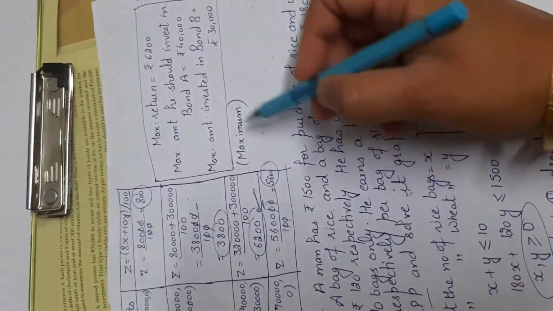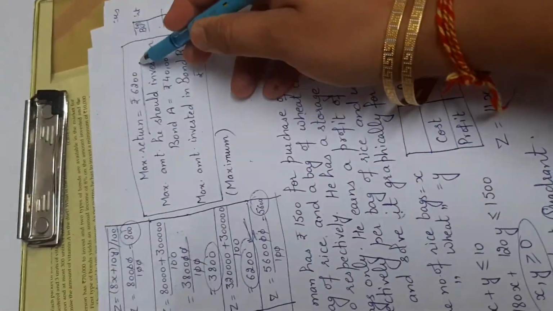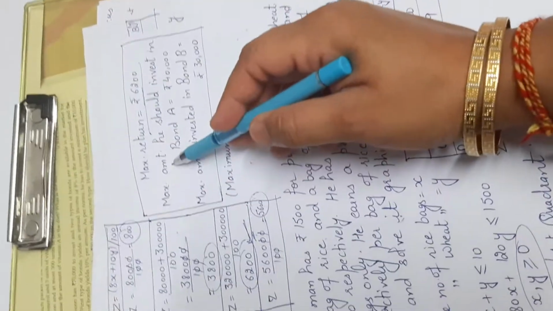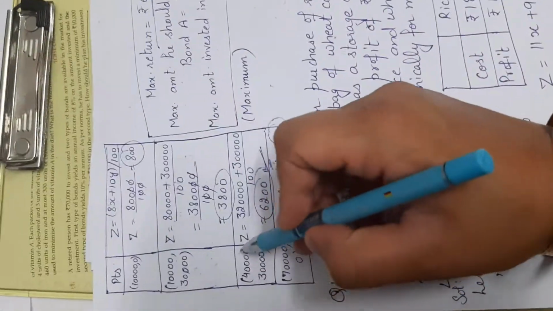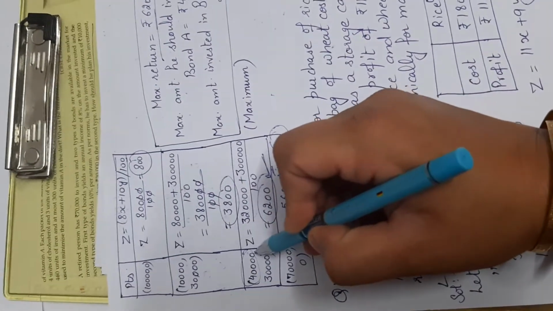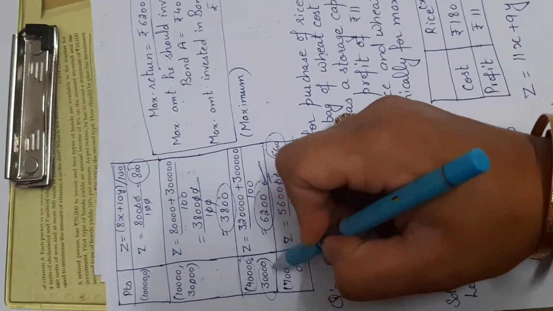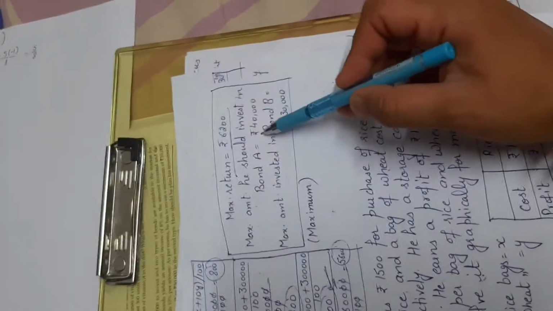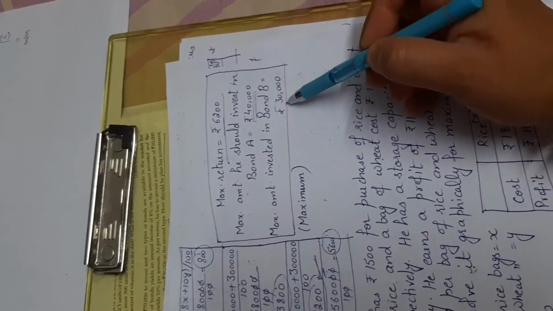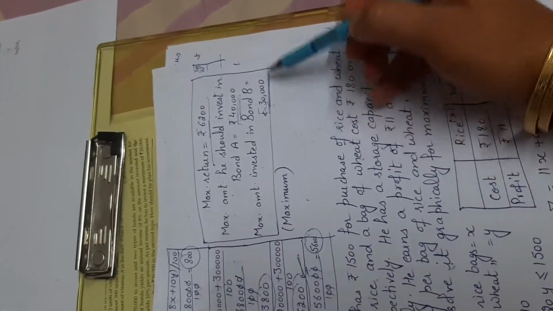So the maximum return will be 6,200, and this is the maximum amount that he should invest. This is the value of X, the investment he should make in bond A, and this is Y, the investment he should make in bond B. So bond A's investment is rupees 40,000 and bond B's investment is rupees 30,000. Hope this question is clear to you.